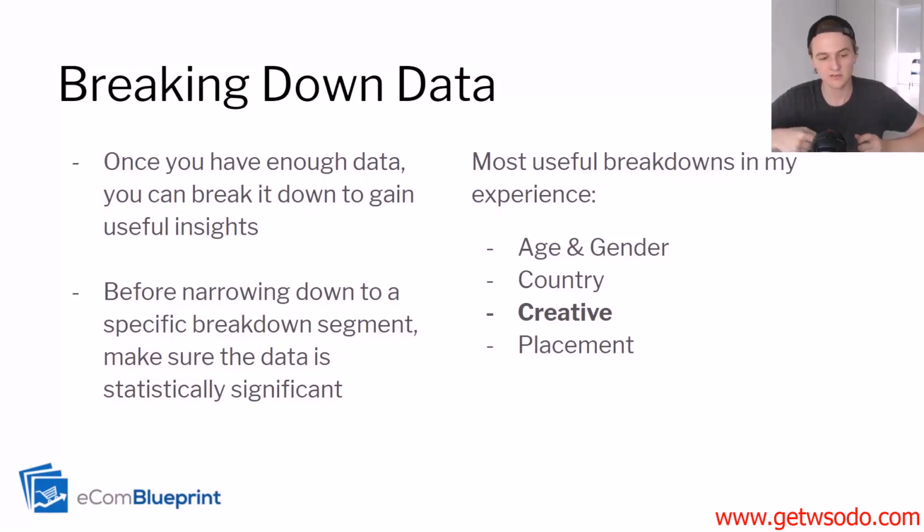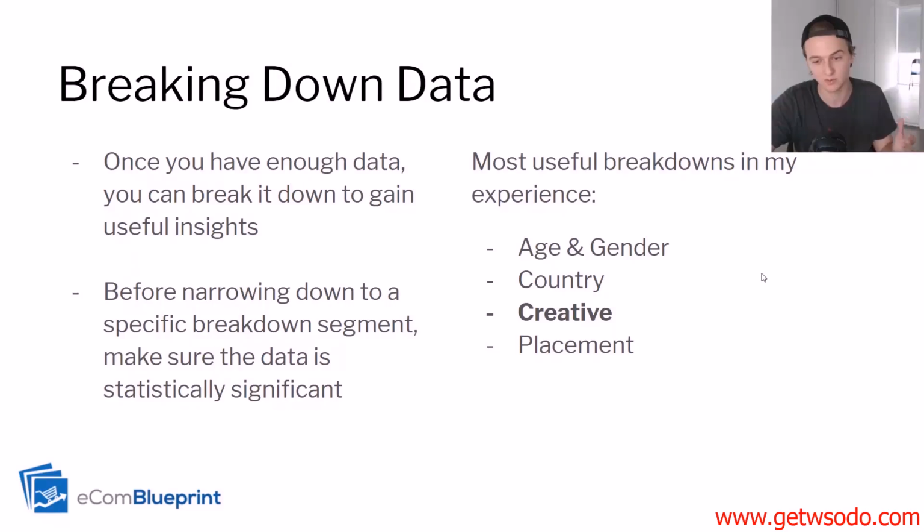For example, if you break down an ad set that's doing really well, and you see that 55 plus women are getting a really, really cheap cost per purchase, but you only have 2 purchases, that doesn't really mean anything, right? Because it's not statistically significant. So if you tried to narrow down to 55 plus women, expecting that you'd get that same cost per purchase, it wouldn't happen, because the data wasn't statistically significant. You would narrow down to that, and then you would get completely different results.